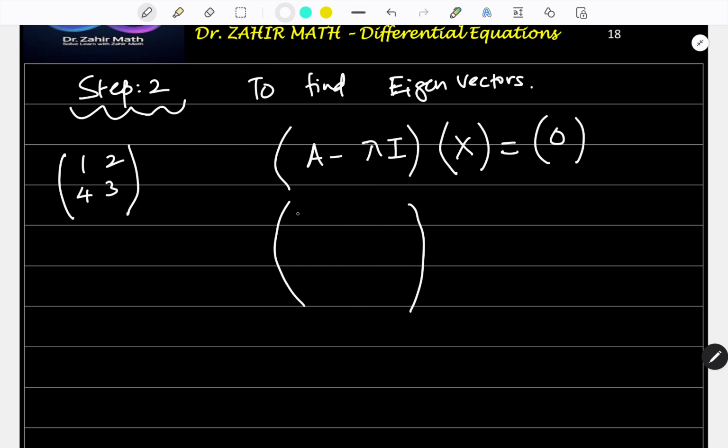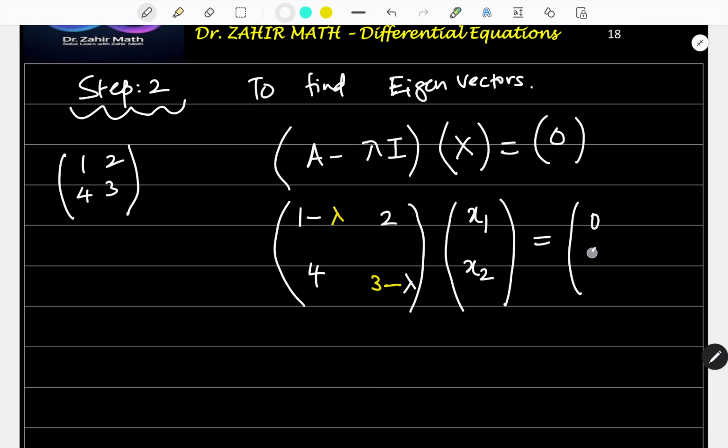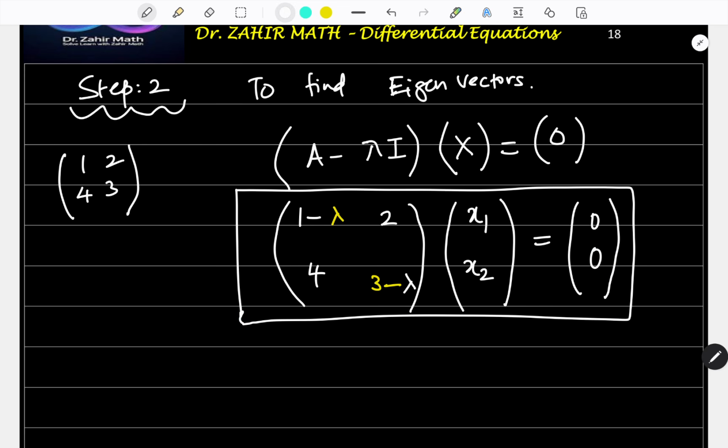So now changes happen in the diagonal. 1 minus lambda, and 3 minus lambda. Remaining all going to become same, which is 2 and 4. And I told you in the class for a 2 by 2 matrix, it's a column vector x1, x2 equal to 0, 0. So you're going to call this equation number 1.